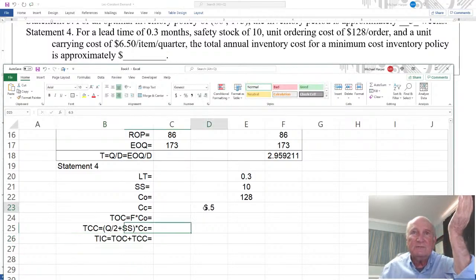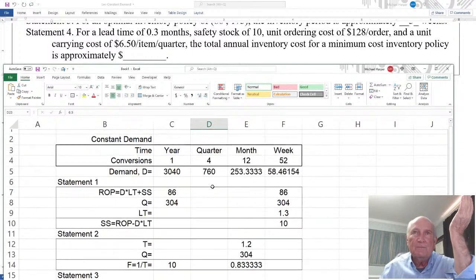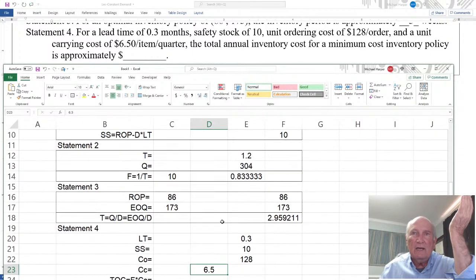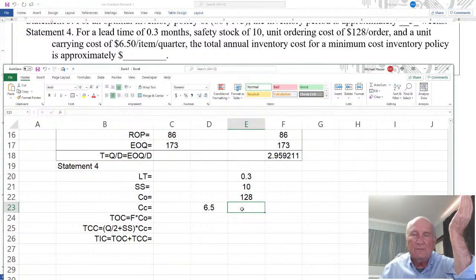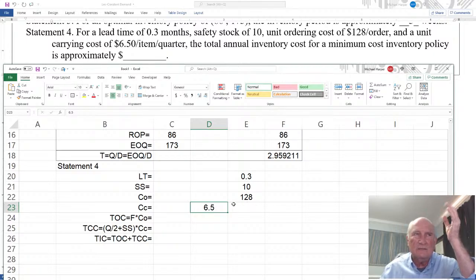First of all, the C sub C here is under the quarters, and let's just bring it under months over here. Okay, well, when you convert the time units from a quarter, I highly recommend go to a year.